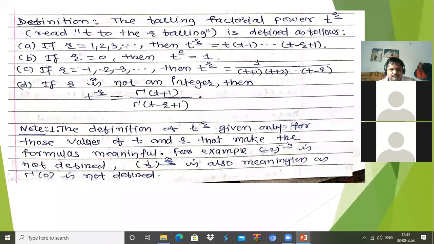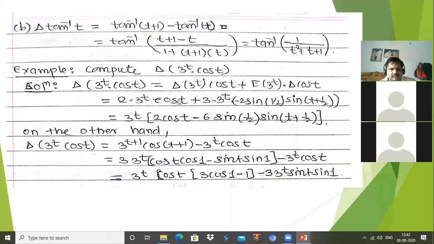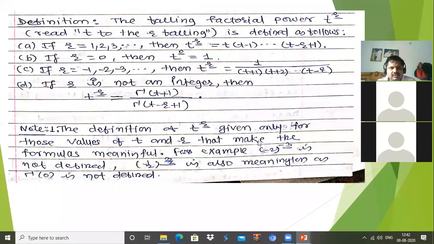Okay, now one more interesting concept is there, the falling factorial power of t. We know that t to the power n is n times product of t.